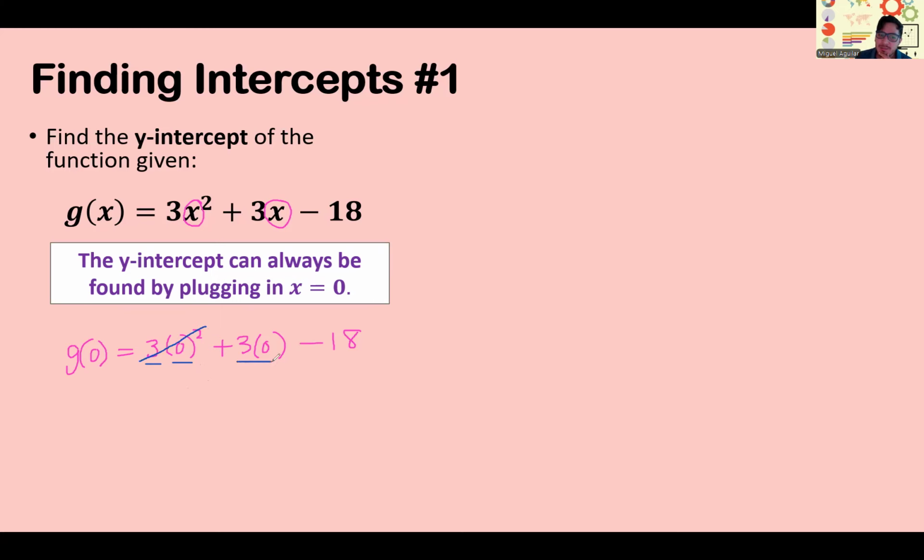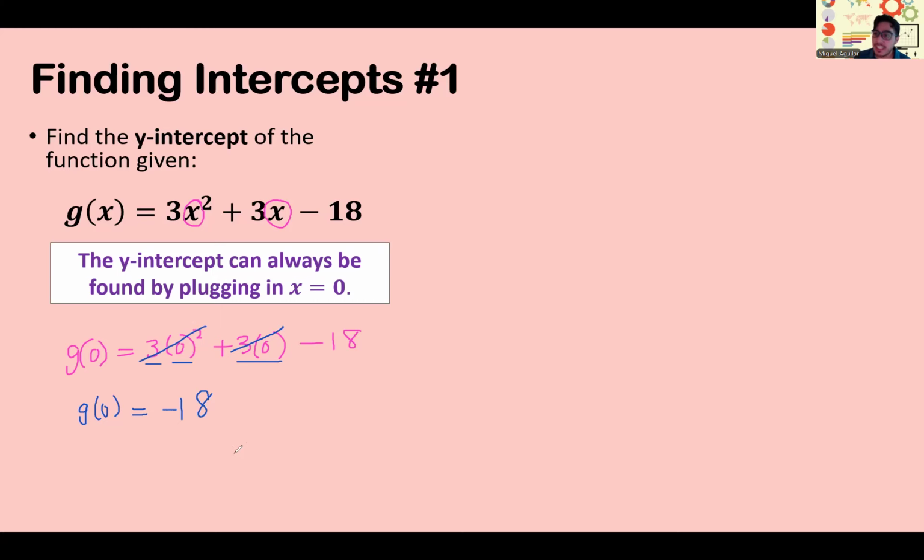And then what's 3 times 0? 0. So that cancels out. So then what is my x-intercept then? I'm sorry, my y-intercept. Negative 18. Yeah, negative 18. And that's really nice. So I now know that g of 0 is equal to negative 18. Right? So I didn't necessarily need to use a calculator for that.